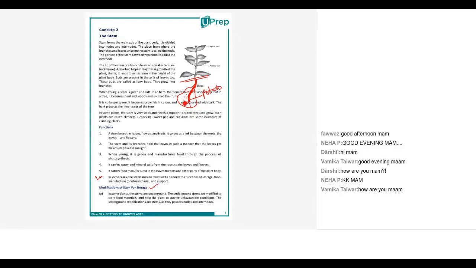That is one aspect. The second aspect is that all of you must have seen potatoes at home. You will see that potatoes have something like this. This is known as the eye. It actually resembles something like this. That is called the eye of a potato.